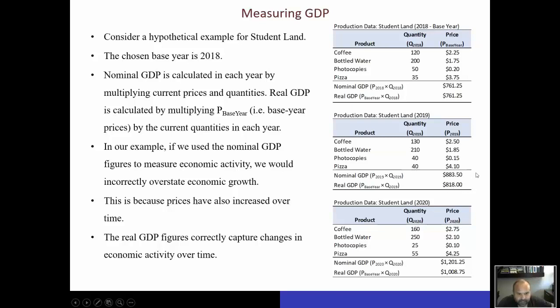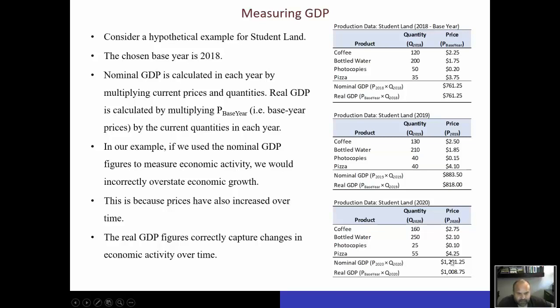So it did increase, right? There was more economic activity, but it's less than what just comparing the two nominal figures would suggest. Again, in 2020, if we do the same thing, we take these quantities, multiply them by these prices, take the sum, and we will get the real GDP, which is 1,008.75.